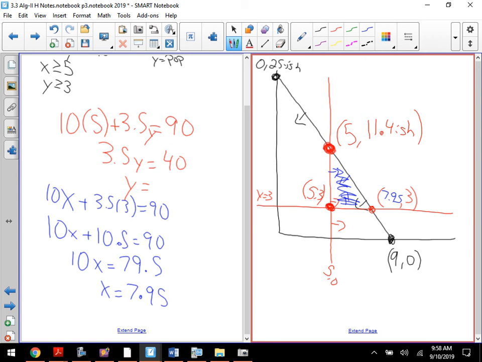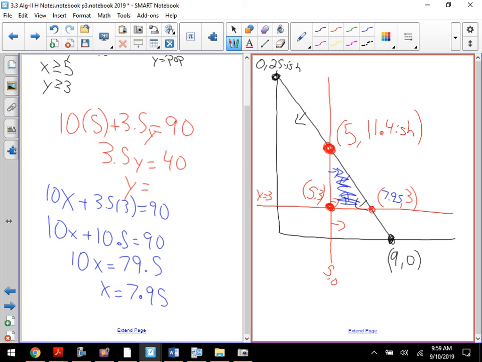Okay. So the possible region for which pizzas and pops can occur is somewhere in this triangle to get your bang for your buck, if you will. So this means that if I buy 5 pizzas, I can buy 3 cases of pop. If I buy 7.95 pizzas, I can get 3 cases of pop. I don't think the pizza guys would say, I don't know how to take out 5% of your pizza.